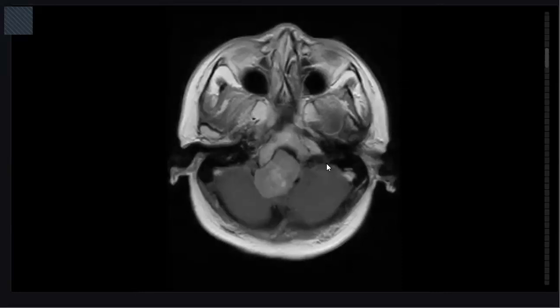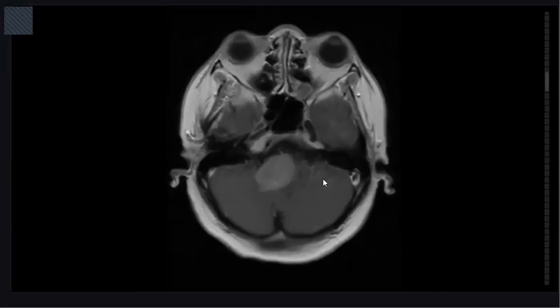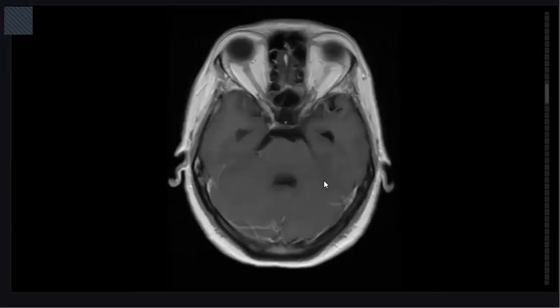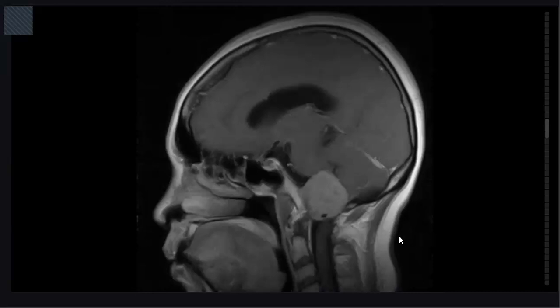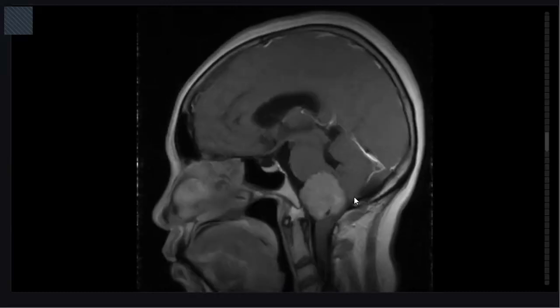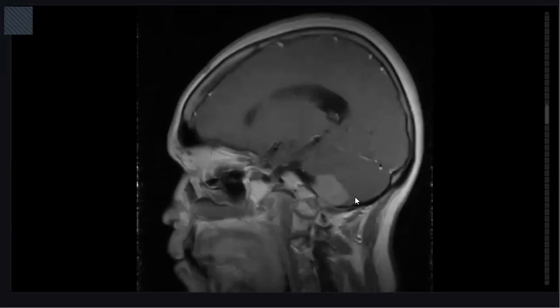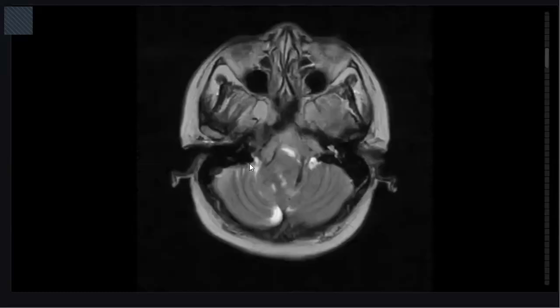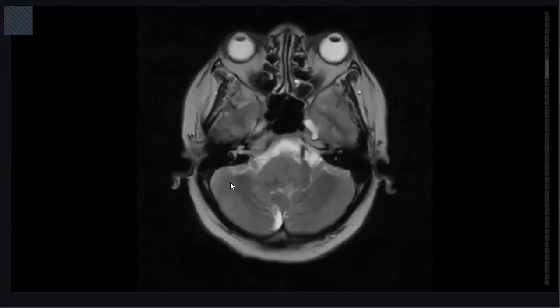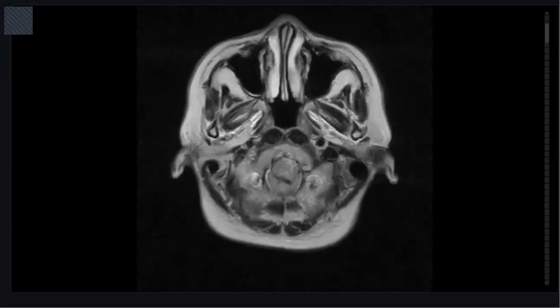We should ask for the contrast study to see homogeneous contrast enhancement. It appears to be extra-axial because it is compressing the vessels, and here compressing the medulla posteriorly, so significant mass effect is likely, with homogeneous enhancement on post contrast and not hyperintense on T2.